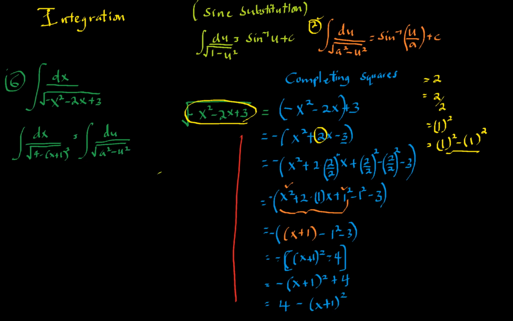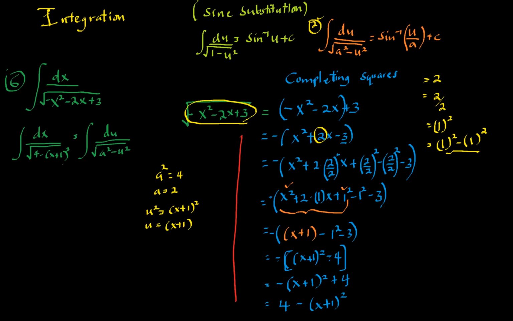Side work again. Our a squared equals 4, so our a will equal 2. My u squared will equal x plus 1 squared, so my u will equal x plus 1.